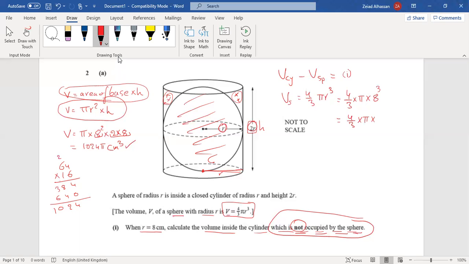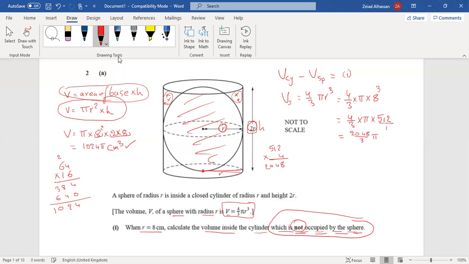If I divide 8 cubed by 2 I get 512. Is it divisible by 3? No, it's not. So 512 times 4 is 2048, and the answer is 2048 over 3 pi.